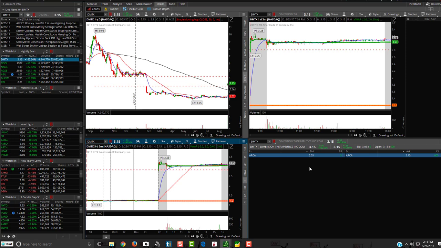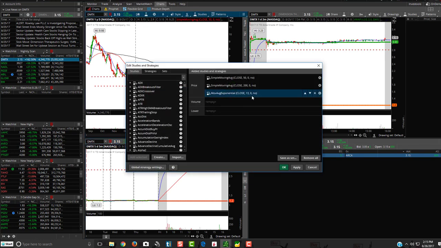On the shorter time frame, actually, let me go to the daily as well. On the daily, I have the 13 exponential moving average again. It basically shows the trend line of the stock. Similar to the 5-minute chart, that 13 EMA on the daily seems to be a very rock solid indicator to watch.